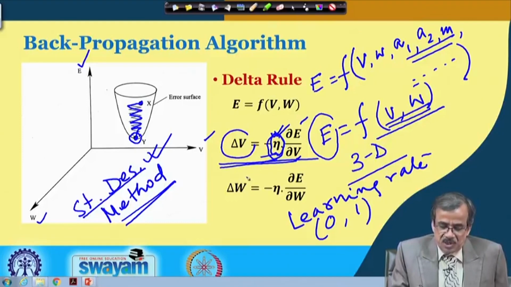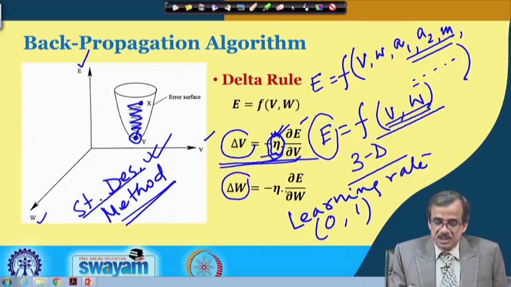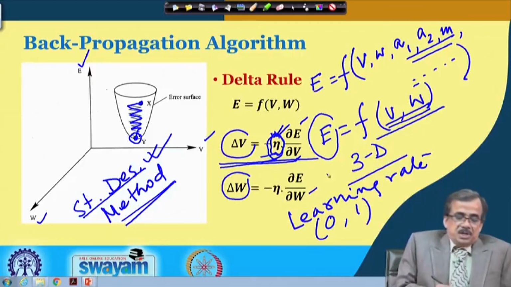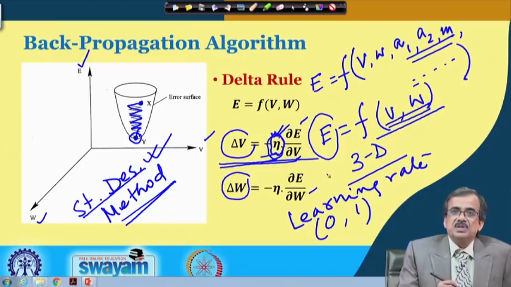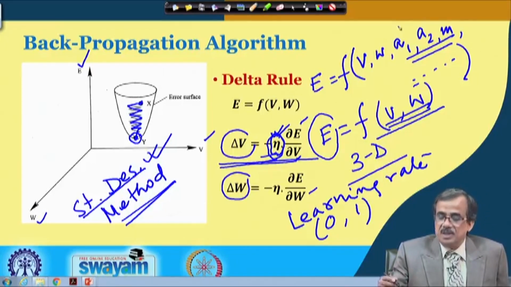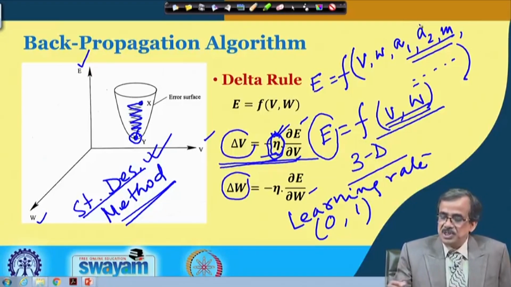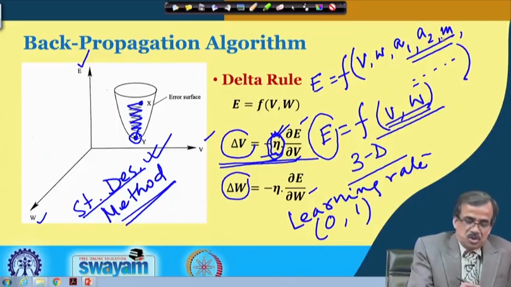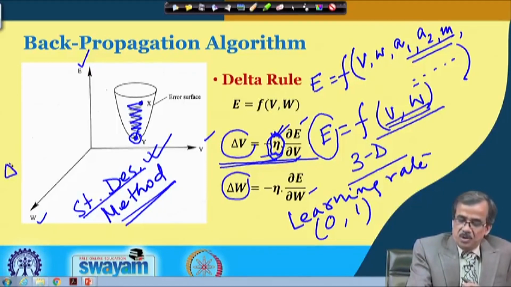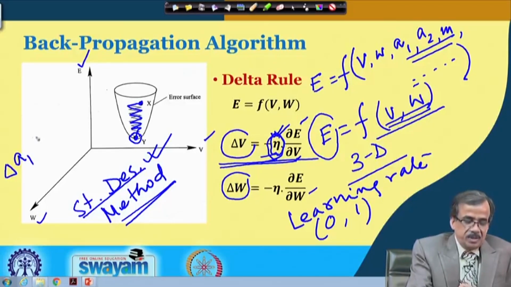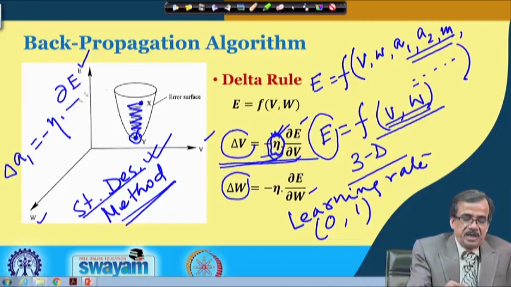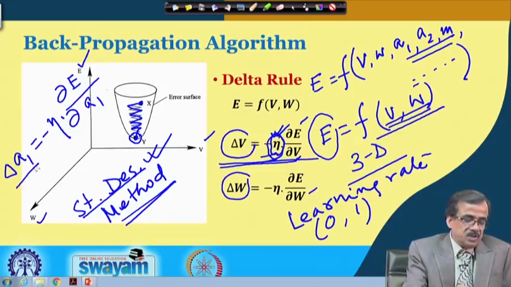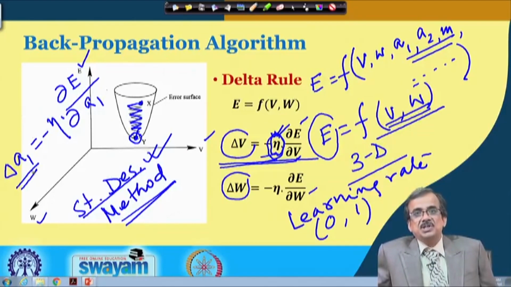Similarly, the change in W is nothing but minus eta del E del W. Similarly, if I want to find out the updated value for the coefficients A1, A2, what you will have to do is find out the change in A1, and that is nothing but minus eta partial derivative of error with respect to A1, and similarly I can also find out the small change in A2.